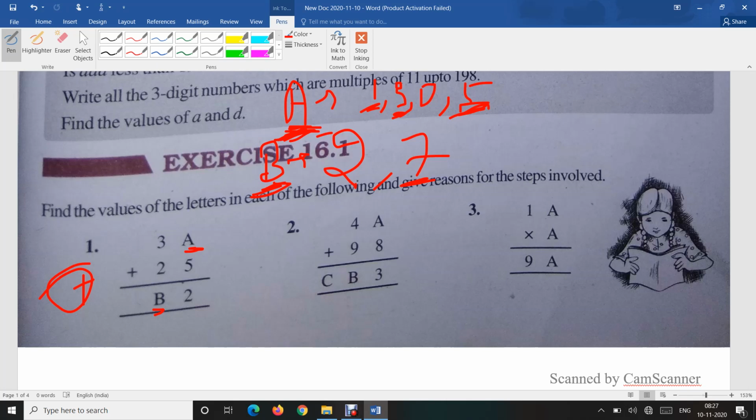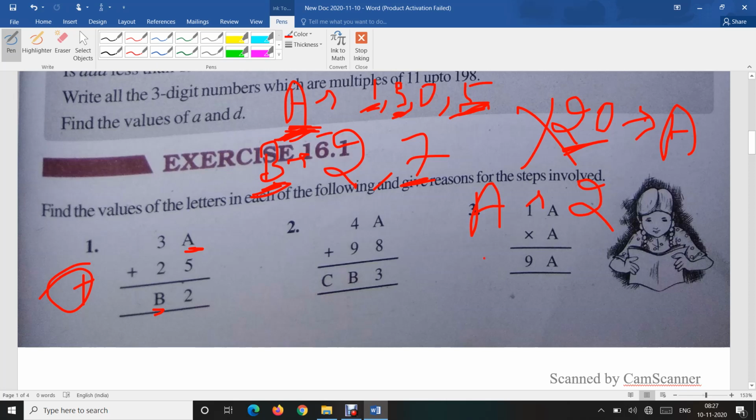That means each letter in the puzzle must stand for just one digit. The second rule is that each digit must be represented by just one letter. That means if you have 20, it cannot be represented by a. This is wrong. A can represent only 2.